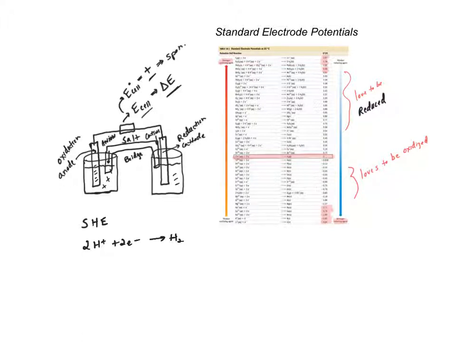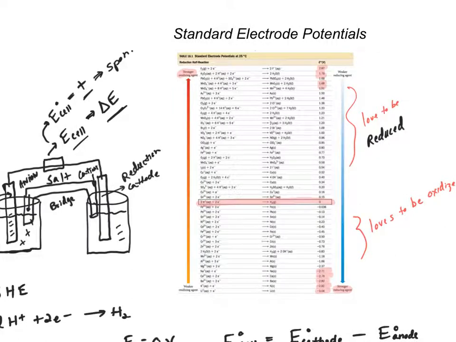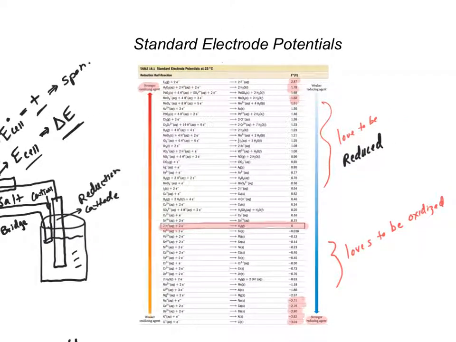So we said this reaction is going to have 0 volts, and we are going to measure everything relative to it, okay? So utilizing that, and the fact that when we calculate these cell potentials we're essentially taking the potential of the cathode and subtracting from it the potential of the anode, we have been able to tabulate all of the various possible half reactions that you could ever want to look at, okay? And so that is what is given in our nice little standard tables just like this, okay?